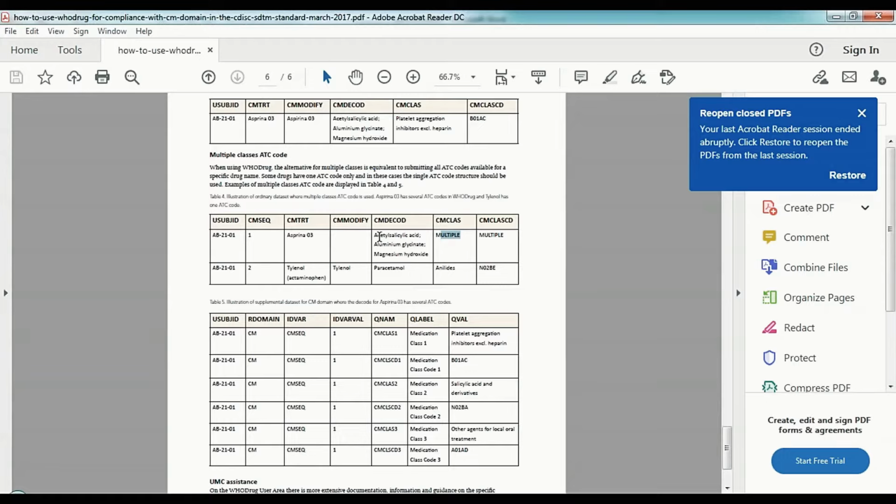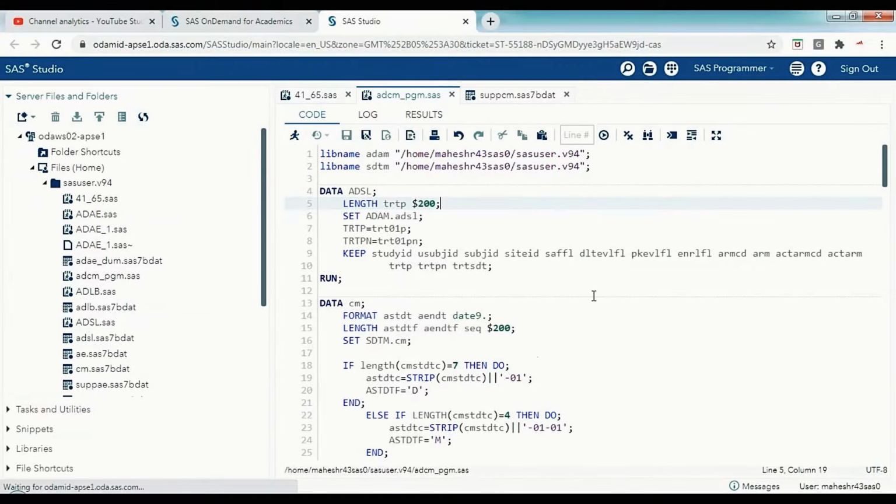We'll look into the programming so that you can get clarity about all these 5 questions. First, what we did was run the libraries and keep only certain variables from the ADSL. All the companies mention some specific keep variables, not to include all the variables. That is not a particular rule, but you can keep all the variables also.